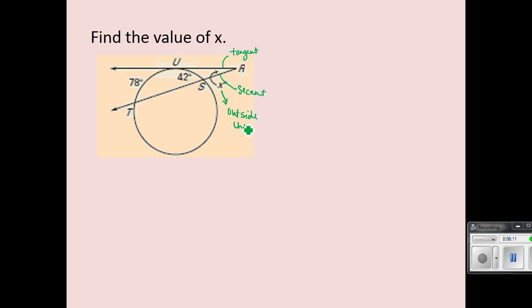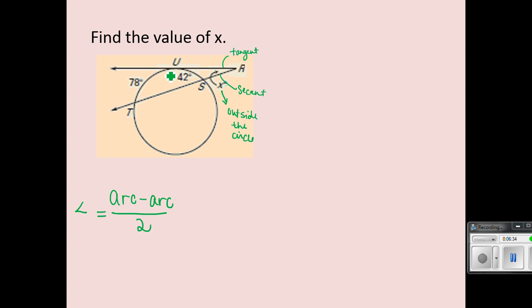outside the circle. So I'm going to look at my chart and say, okay, I have an outside the circle angle and it's formed by a tangent and a secant. That must mean I need arc minus arc divided by 2, and that will give me my angle.